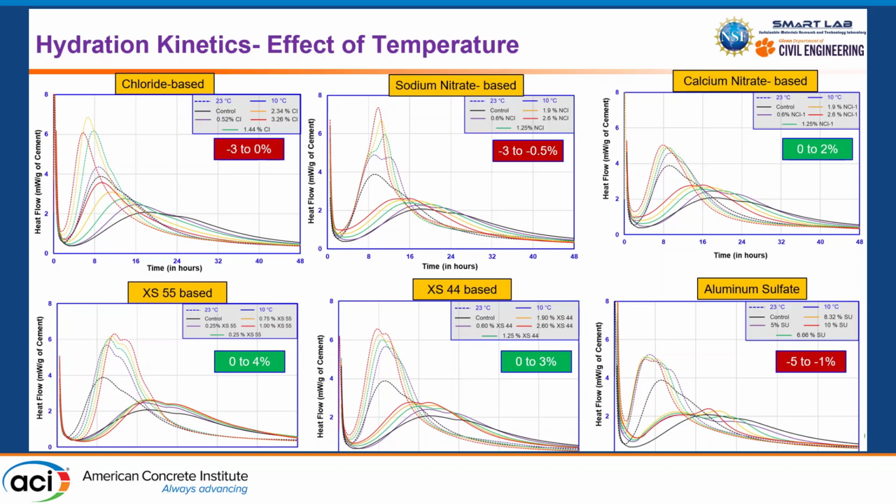For sodium nitrate based admixtures, it was -0.5 to -3%. For calcium nitrate based admixtures and the XS55 and XS44, it gave a positive value. And for the aluminum sulfate based accelerators, it reduced by up to 5% with different dosages.